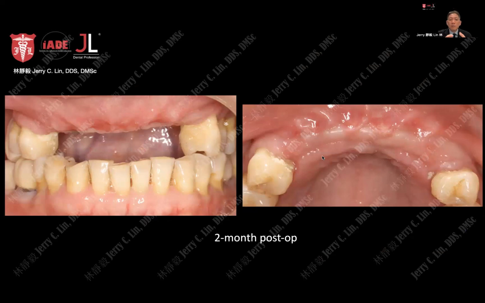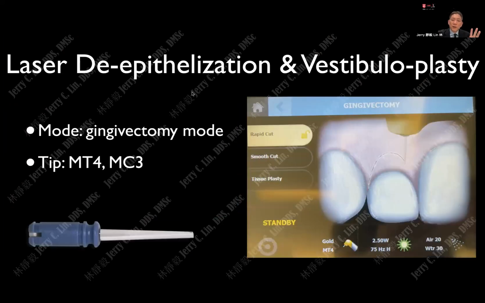But then if you look at it, we now have a new problem with the keratinized tissue. So it's not done yet. We need to get good keratinized tissue. So what I do differently nowadays, I use the laser to deepithelialize the mucosa.